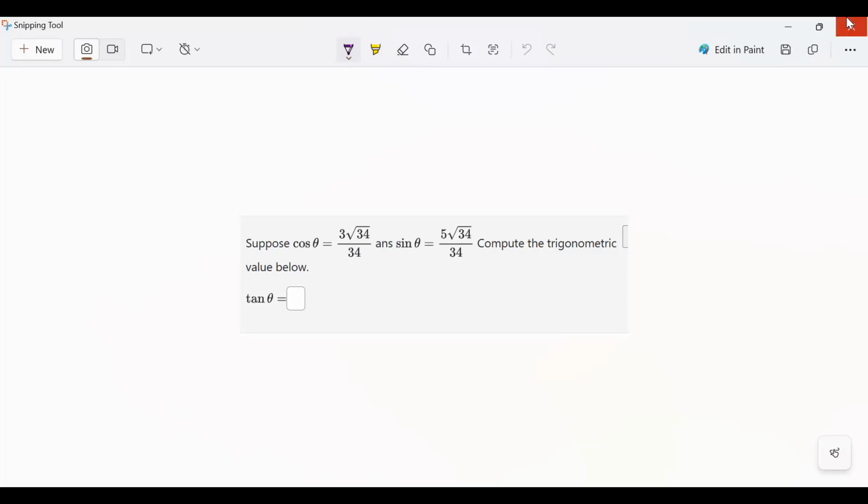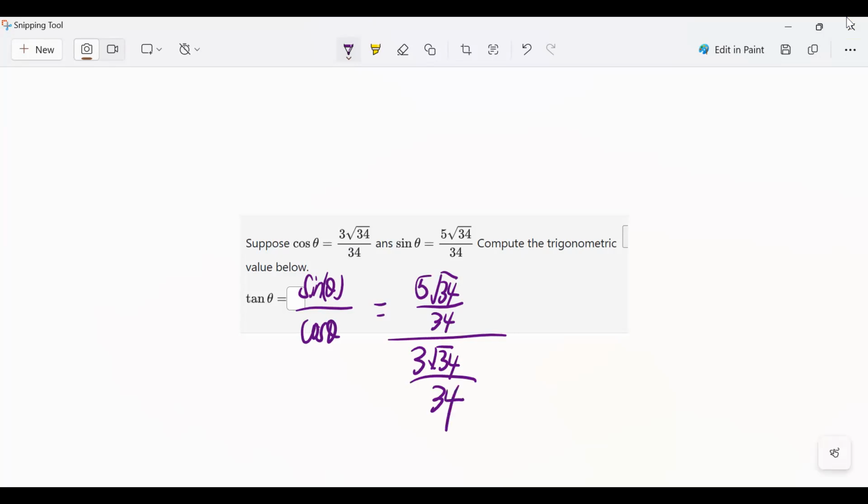All right, let's go over the solution. Tangent theta equals sine theta over cosine theta. So we get 5 radical 34 over 34 over 3 radical 34 over 34. And we change the middle division sign to multiplication.